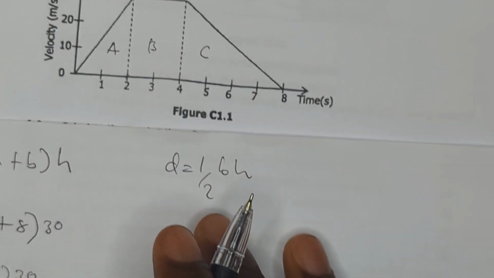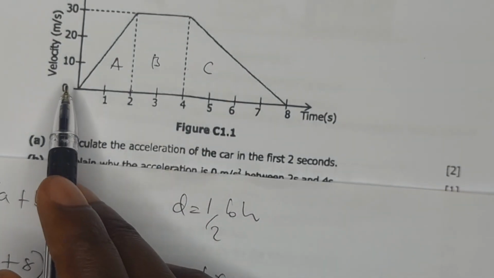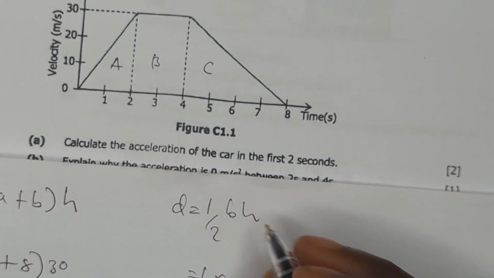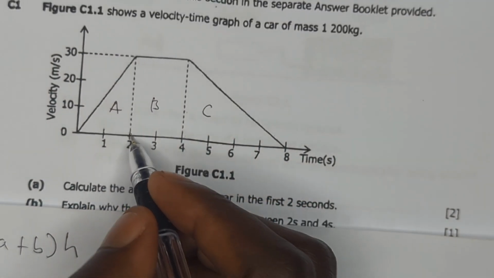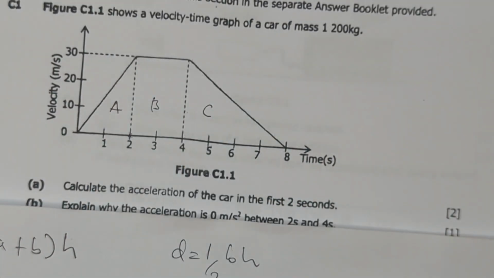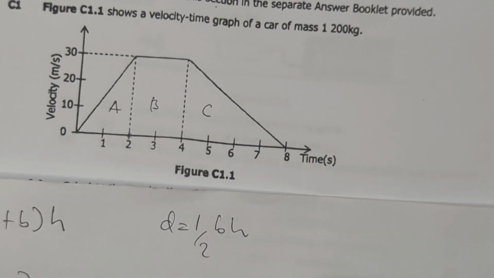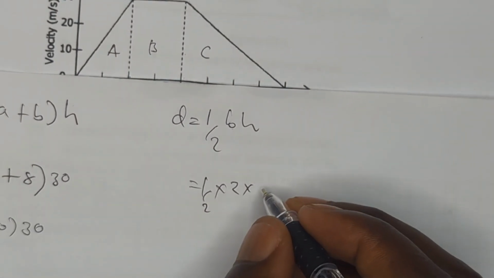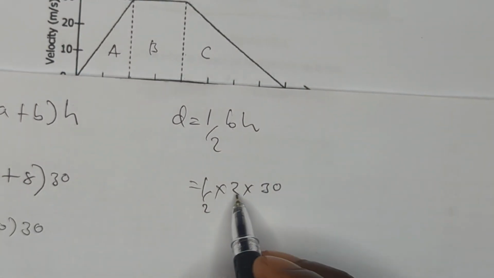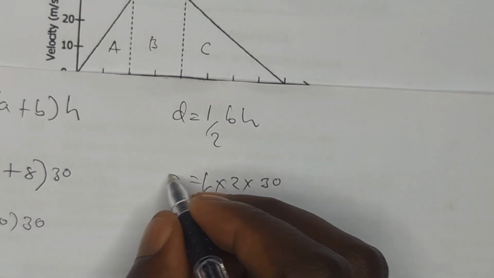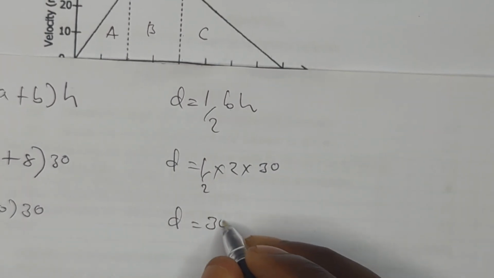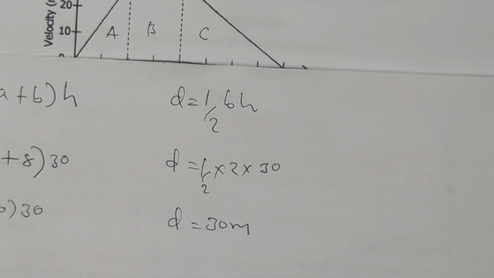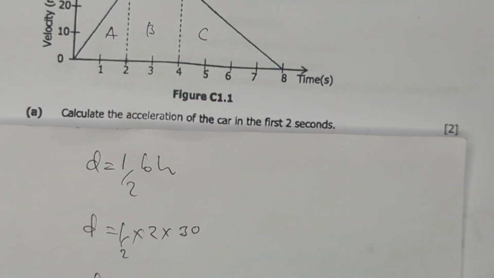Our B, the base from this point to that point, which is 2, multiplied by the height, the distance from this point to that point, which is 30. So this one gave us 30 meters. So this is not our final answer, we're still calculating for the other parts.